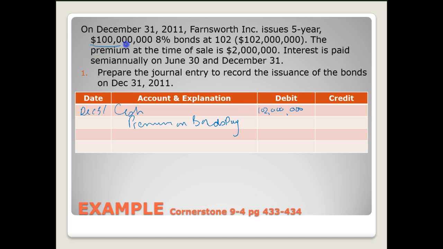The liability is only ever going to be the face value or the par value, so that difference is $2 million. And the total liability here, bonds payable, is $100 million. These two credits add up to that debit.